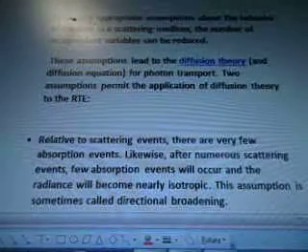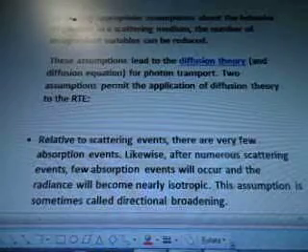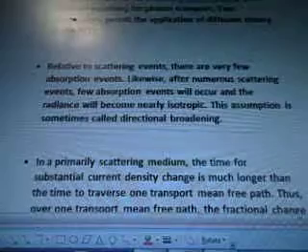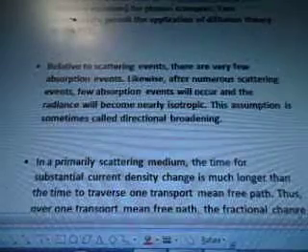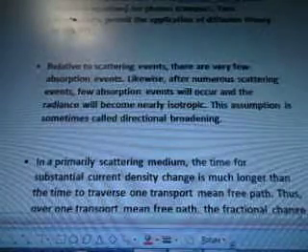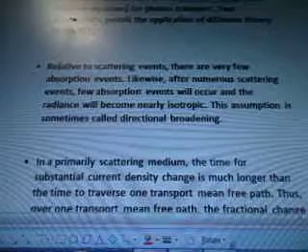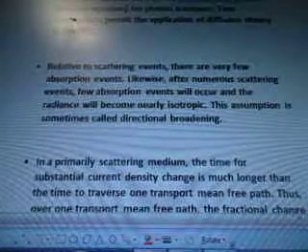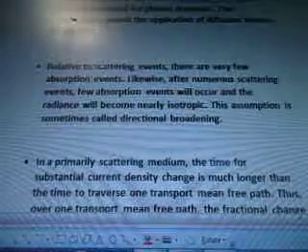2 assumptions permit the application of diffusion theory to the RTE. Relative to scattering events, there are very few absorption events. Likewise, after numerous scattering events, few absorption events will occur, and the radiance will become nearly isotropic. The assumption is sometimes called directional broadening.